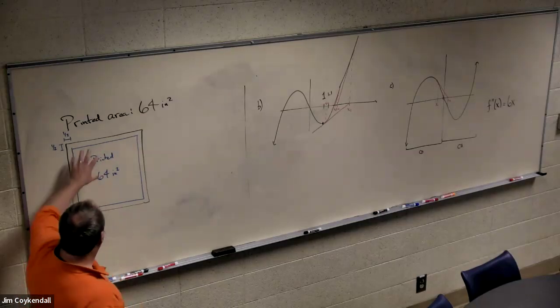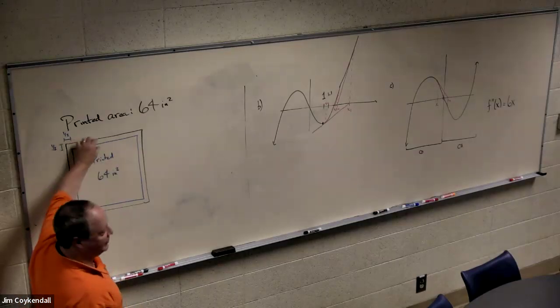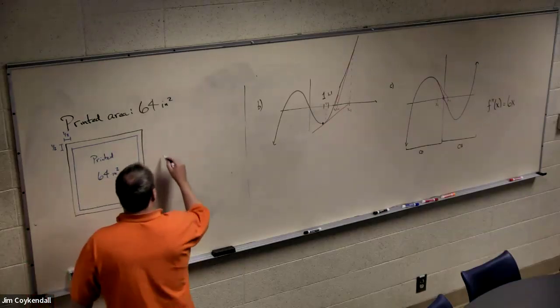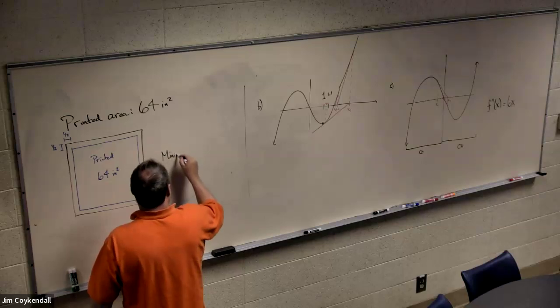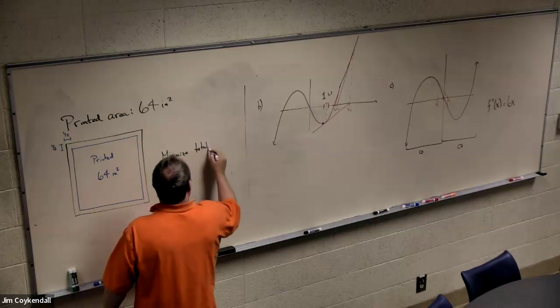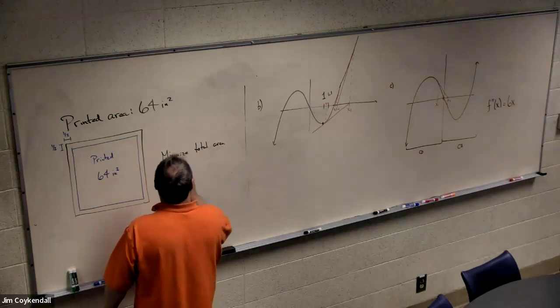So we're making a poster. Here's the stuff people want to look at. This is my safety margin, has to be a half inch, right? And what we want to do is minimize the total area of the poster.